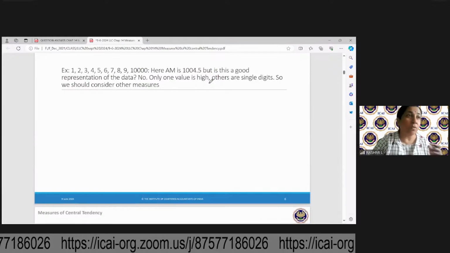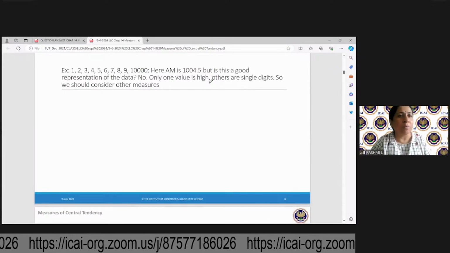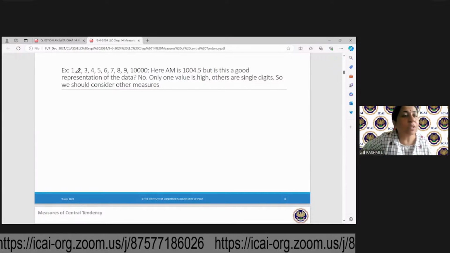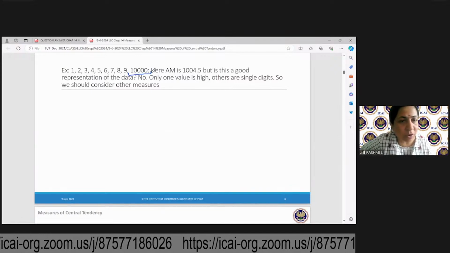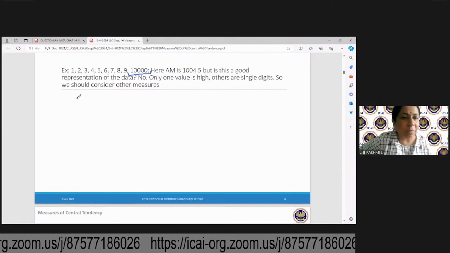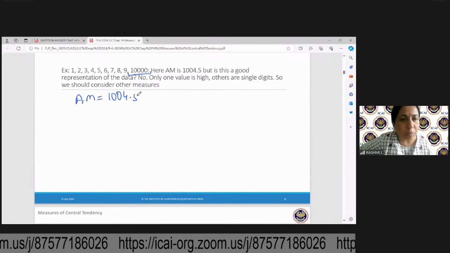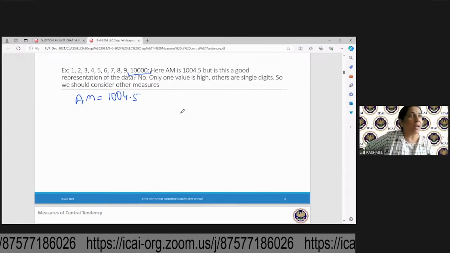But obviously here we are talking about what is asked in the question, though they may ask you a theory question, for which I am showing you this. Now suppose I have 1 to 9, but the last number is not 10 but 10,000. Here the arithmetic mean is 1004.5. Is it representative of all the data?